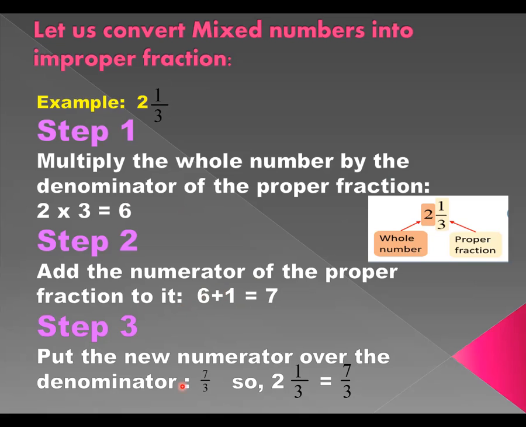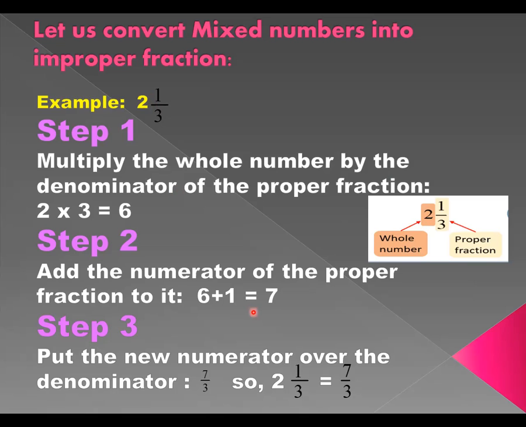Last, step number 3 is to put the new numerator over the denominator. Why am I saying it's a new numerator? Because I got this by adding 6 and 1. That's why you will not write the old numerator, that was 1.